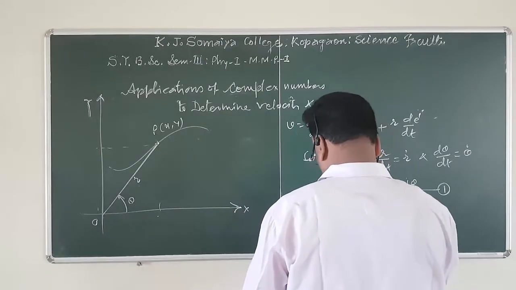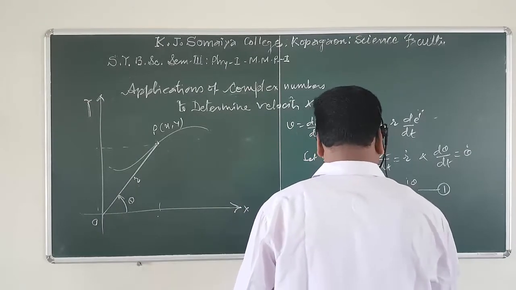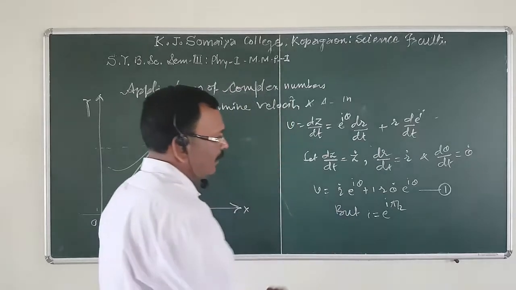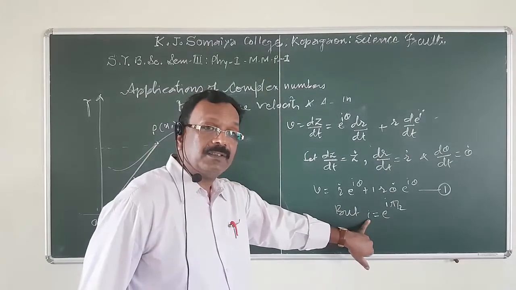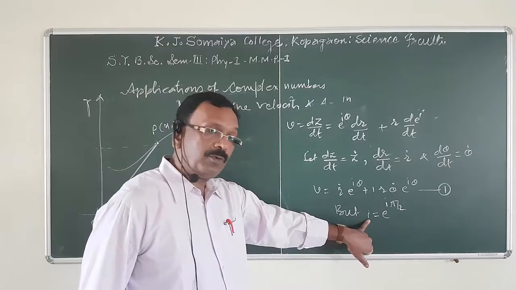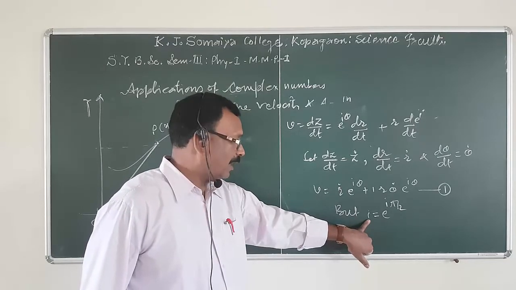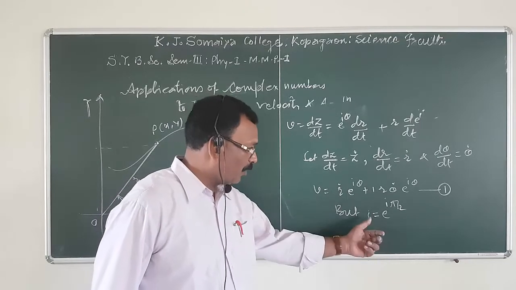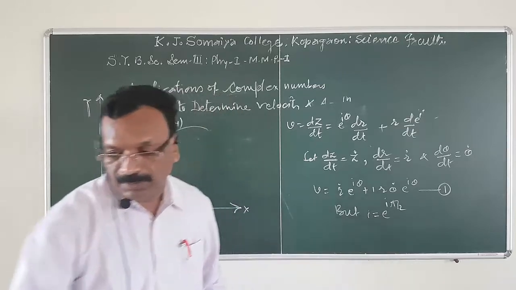e raised to i pi by 2. When we represent this number in a rectangular form, then calculate the modulus and argument and put in exponential form, we have i is equal to e raised to i pi by 2.